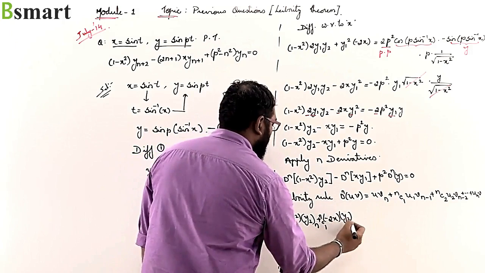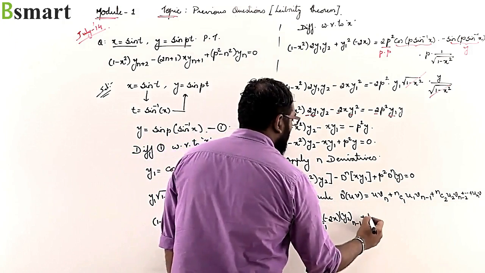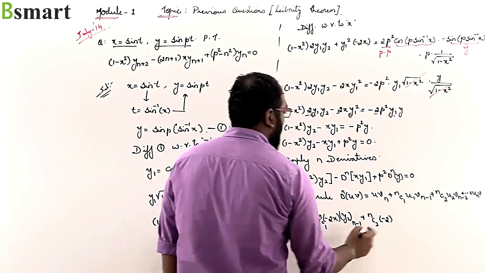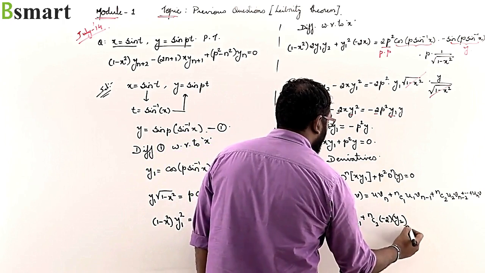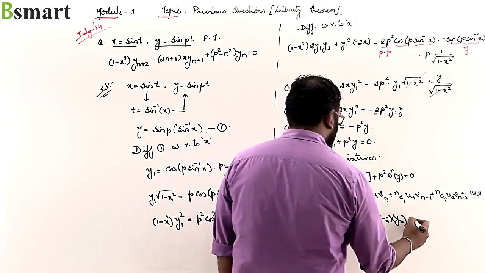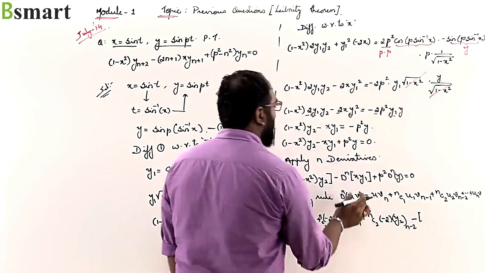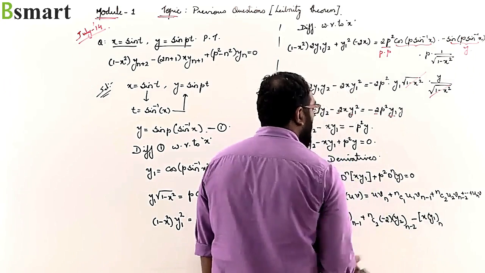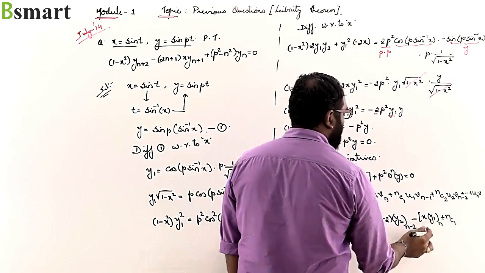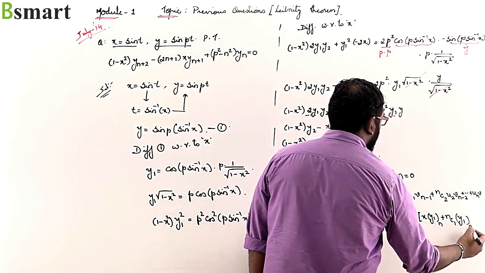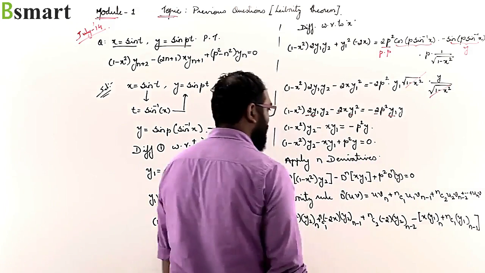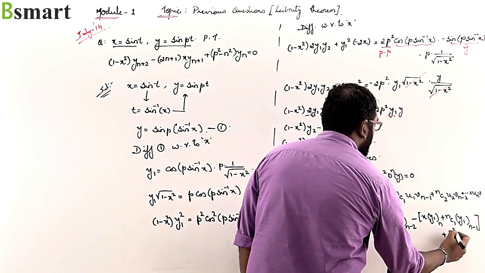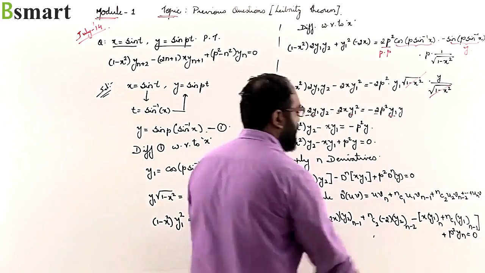Plus nC2 into the derivative of minus 2x, that is minus 2, into the (n minus 2)th derivative of y2, plus or minus, again applying the Leibniz rule for this, x into the nth derivative of y1, plus nC1 into the derivative of x, which is 1, into the (n minus 1)th derivative of y1, again plus p square into yn, and the derivative is equal to 0.